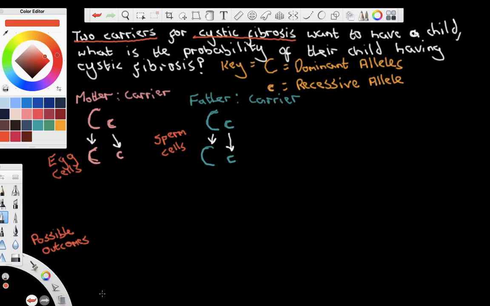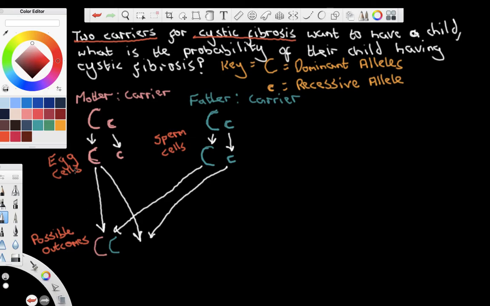And what we could do is we could draw an arrow from one from the mum, one from the dad. In fact, we could fill it in as we go. So we've got a capital from the mum and we've got a capital from the dad. We could then do our next cross. We could go one from the mum, one from the dad.